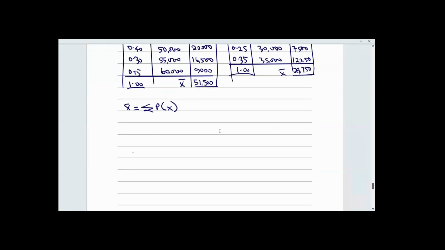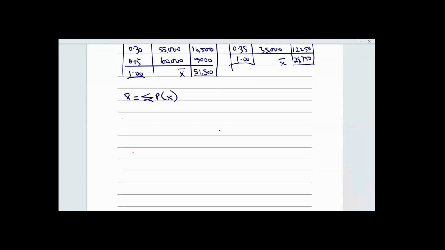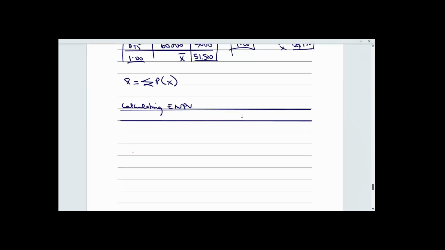expected net present value. So I would then say, calculating expected net present value. To get the expected NPV, you use the expected revenue and the expected running cost you have computed.